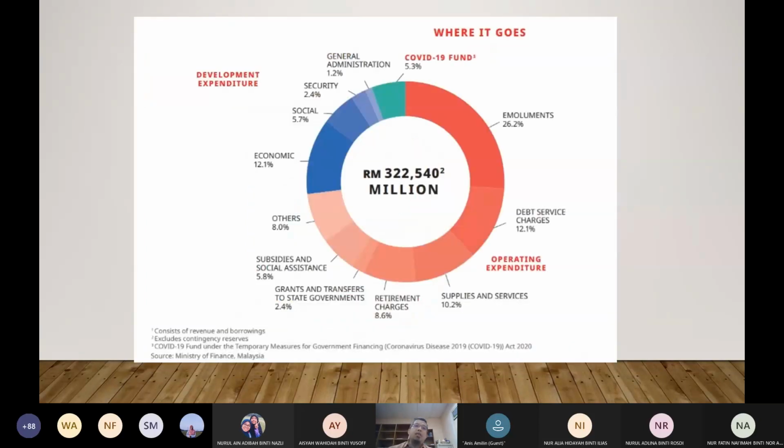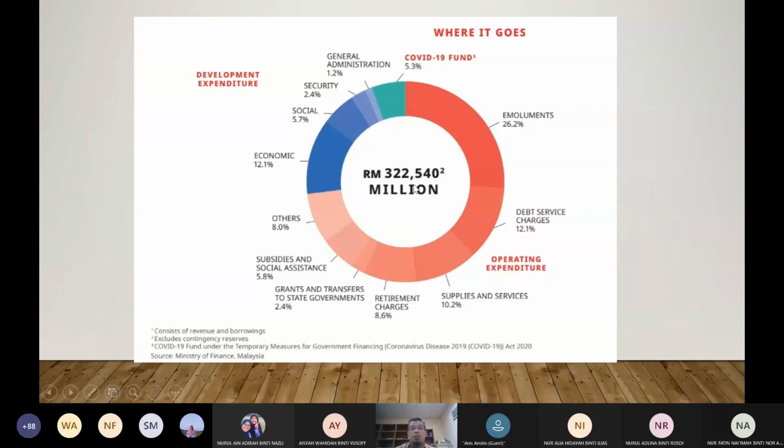So where will the money be spent in 2021? The total is 322 billion. The total expenditure, combined, covering operating as well as development expenditure.